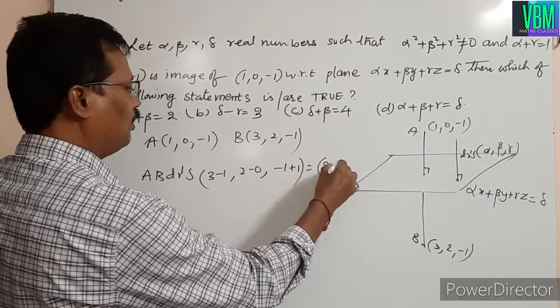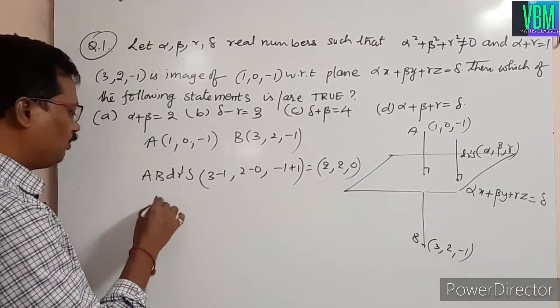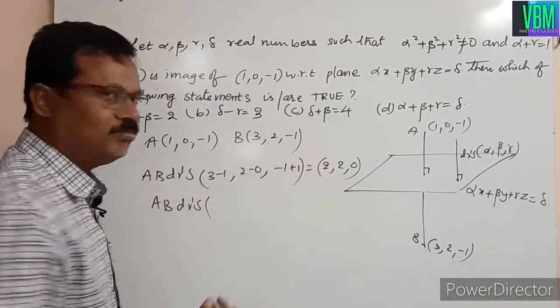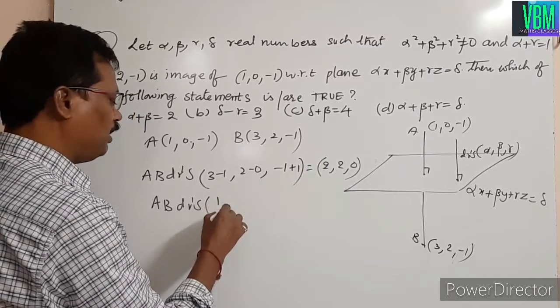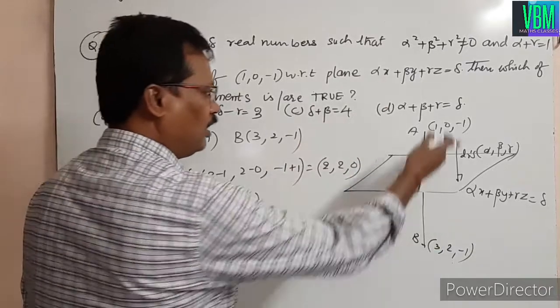This is (2, 2, 0). Now in DRs we can multiply or divide with any number. Therefore the DRs may be (1, 1, 0). Now we got the AB DRs, right?